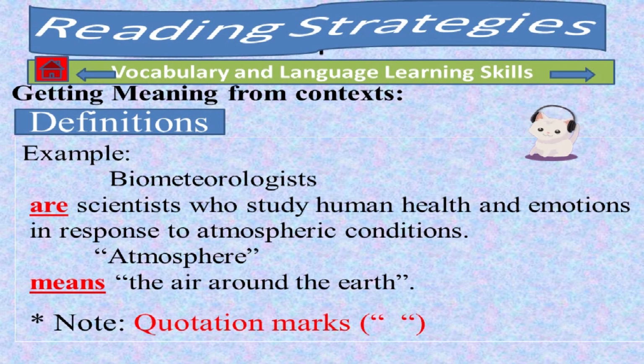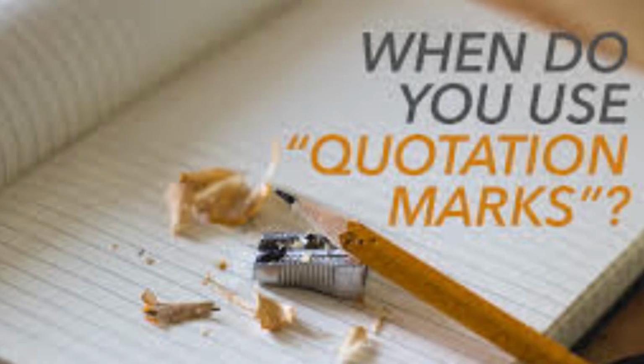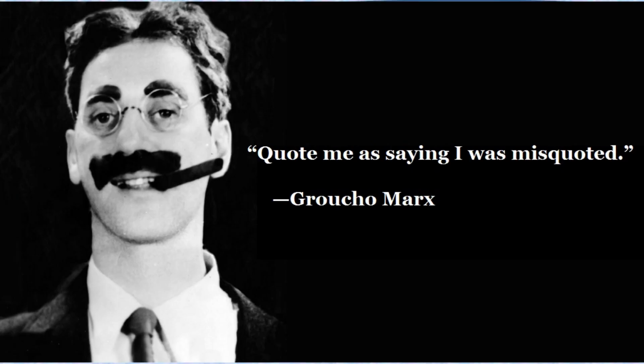Pay attention to the quotation marks attached to those definitions. What are these quotation marks for? It shows that you're not using your own words, but citing other words or ideas. That means you borrow and extract someone else's sayings.